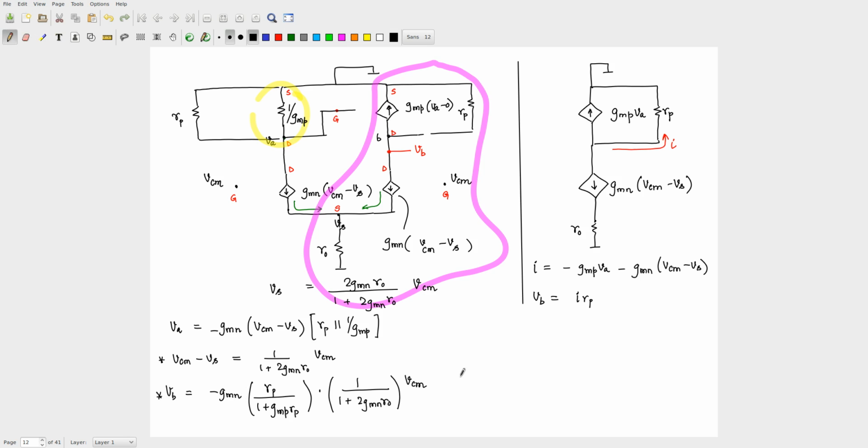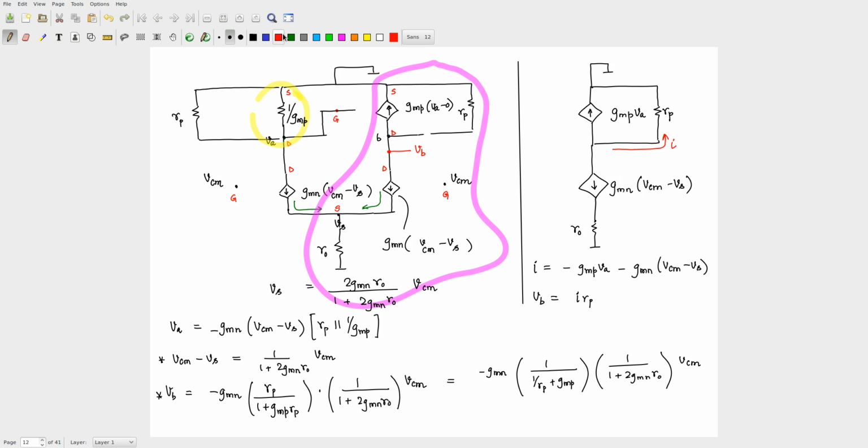And this I can simplify to be equal to minus Gmn into 1 by (1/Rp plus Gmp), right, into 1 by 1 plus 2 Gmn R0 into Vcm.